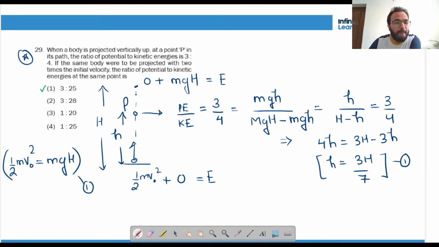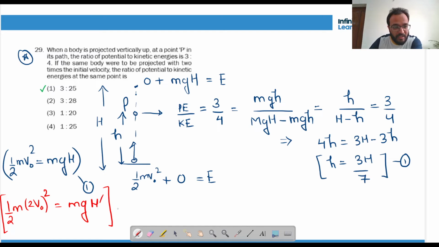Now they are saying, if the same body were to be projected with 2 times the initial velocity, then what is the ratio of potential to kinetic energy at the same point. Now they have changed the initial kinetic energy and they are saying that half m (2v naught) square is equal to mg H dash.